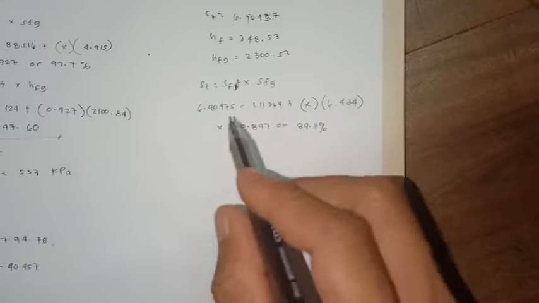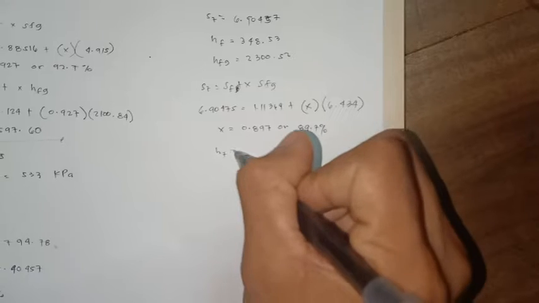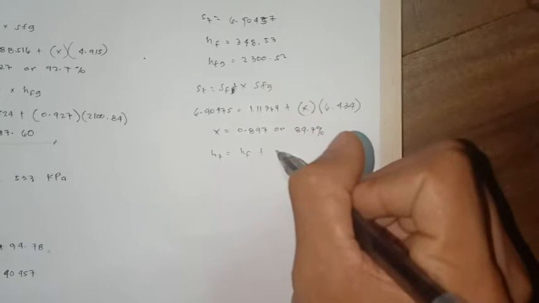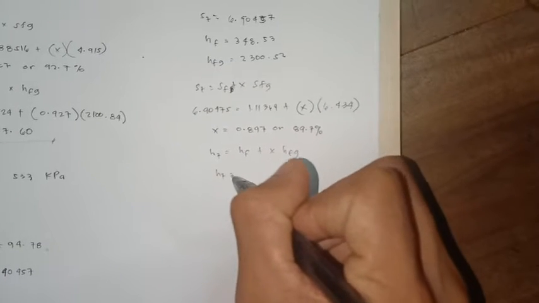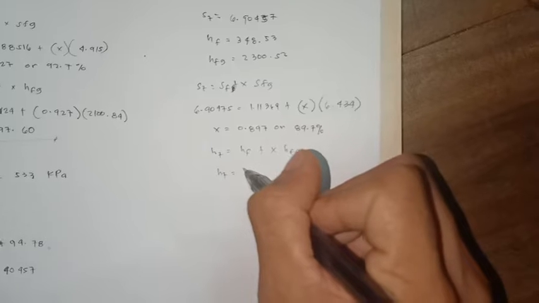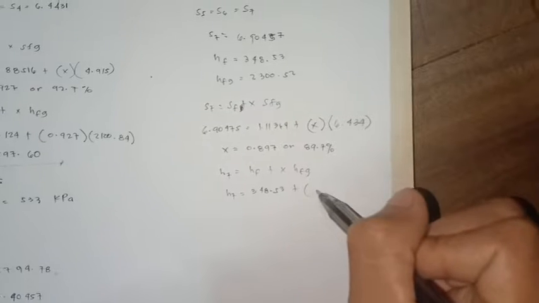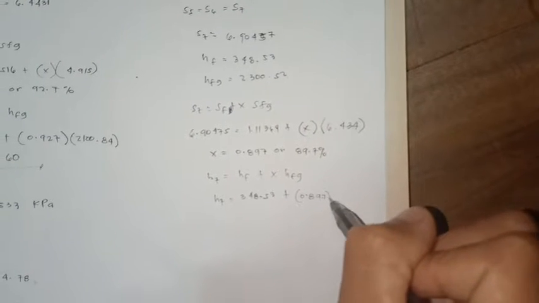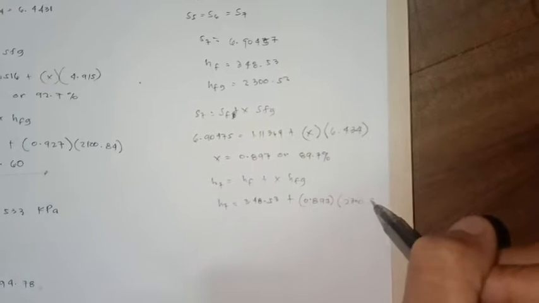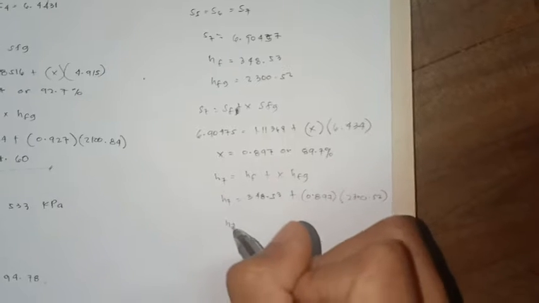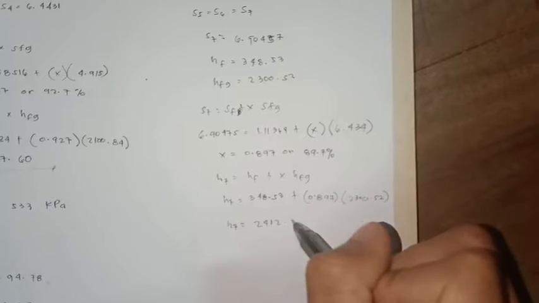So using this value, we can get the value of H7. H7 is equal to HF plus the value of X times HFG. So H7 is equal to HF 348.53 plus the value of X, 0.897, times the HFG, which is 2300.52. So H7 is equal to 2412.1.